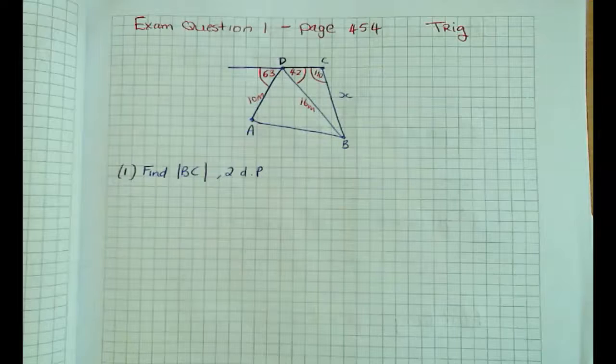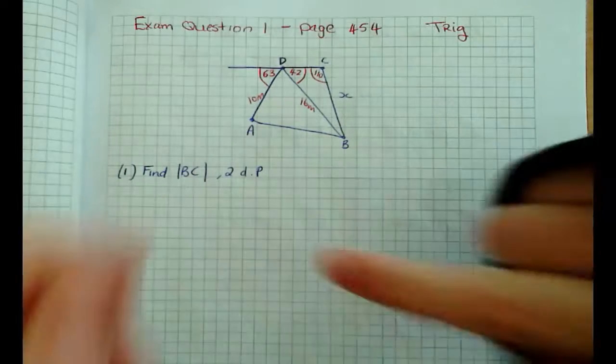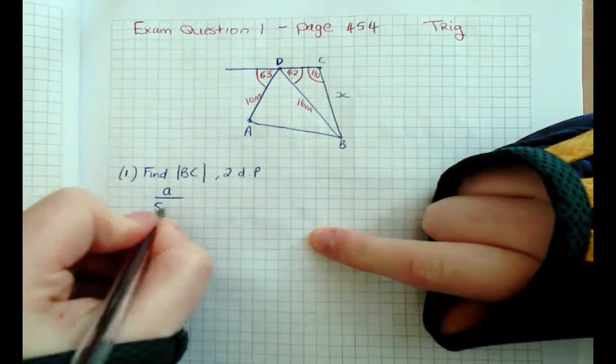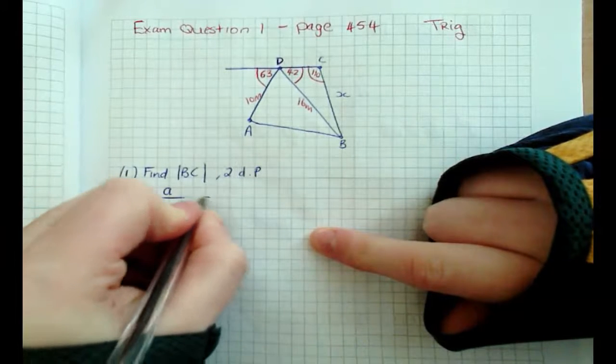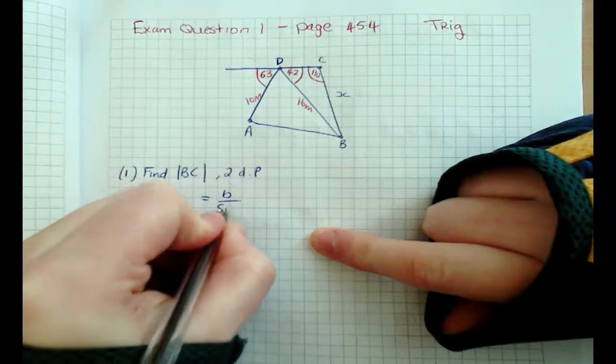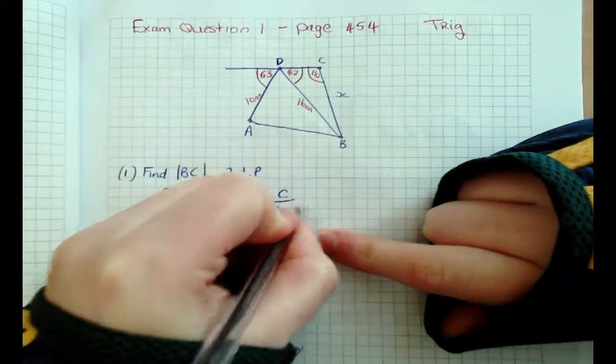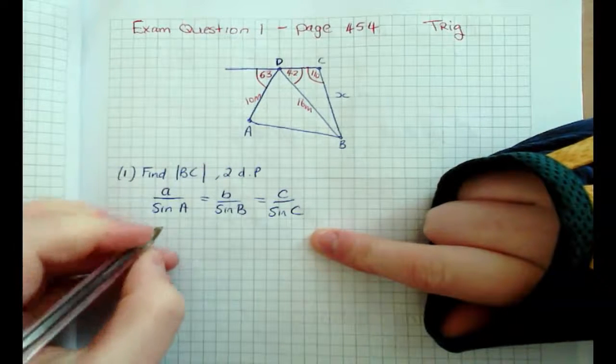So we're obviously going to be using the sine rule. We're looking for a length, so it goes on top. So we write out the formula: a over sine A is equal to b over sine B is equal to c over sine C. Okay, so we fill in what we know.